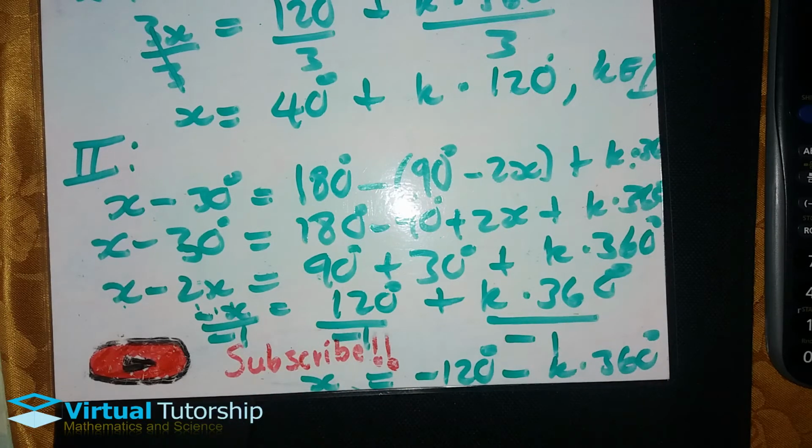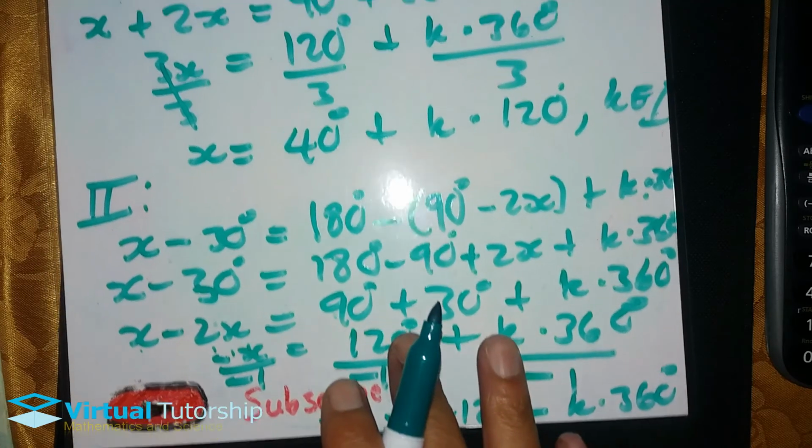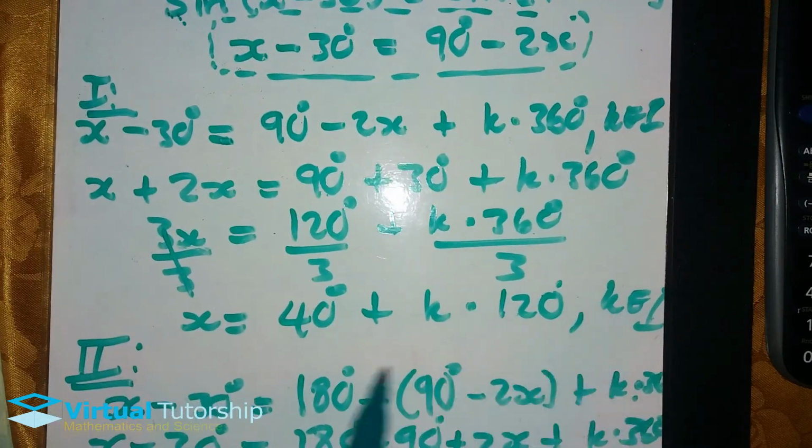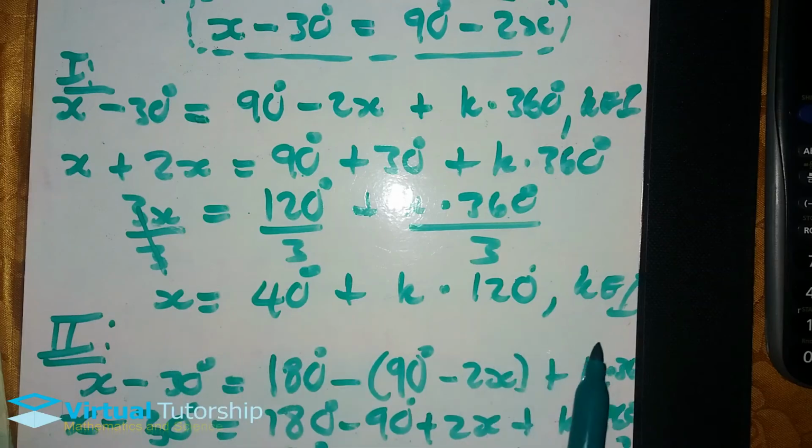The reason why I divide by negative 1 here is so that you're left with a positive x, not a negative x. That's what I'm solving for, a positive x. So x is equal to this in the second quadrant, and in the first quadrant x is equal to this. So these are our solutions for our trigonometric equations.